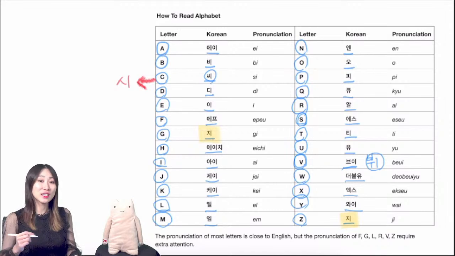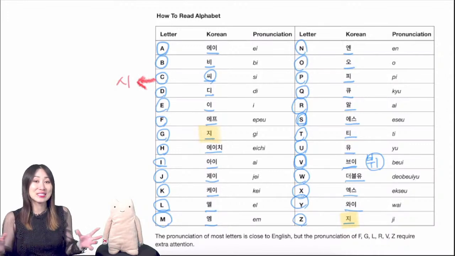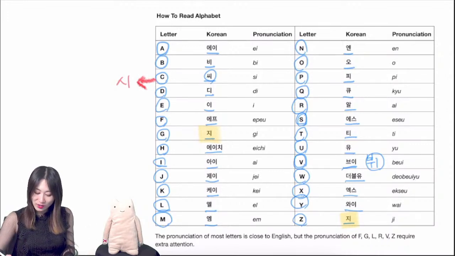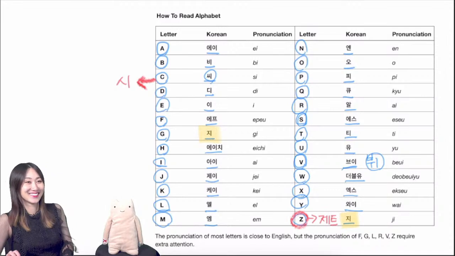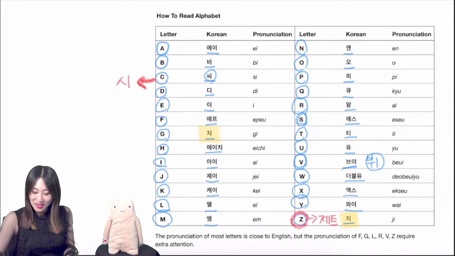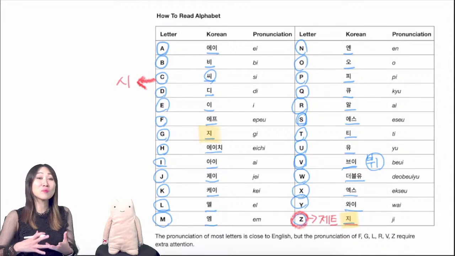And also in Korean, we don't have the Z sound, so we can't differentiate this sound. That's why in Korea, we read this also as Z. So this G is understandable in some context.